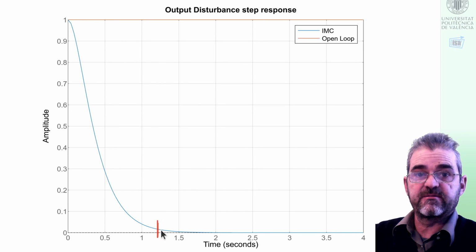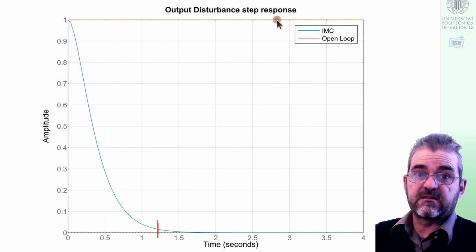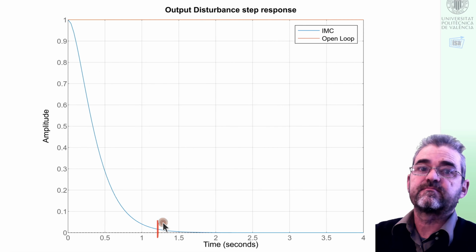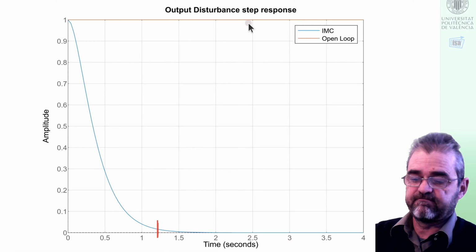So output disturbances will be cancelled to 0 error with this feedback controller IMC. And of course, if I were doing open loop control, if I have no sensor, then output disturbances would never be cancelled. So this is the difference between closed loop IMC, integral action, 0 error, and open loop.